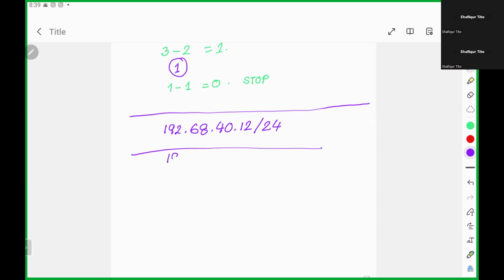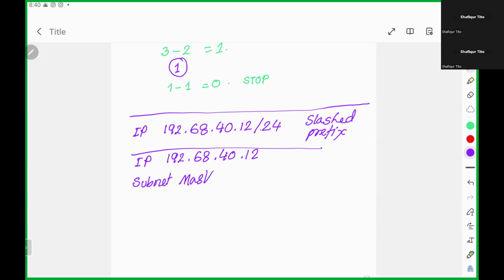So I can write 192.68.40.12, and this is the IP with /prefix, or I can write the IP address and subnet mask.